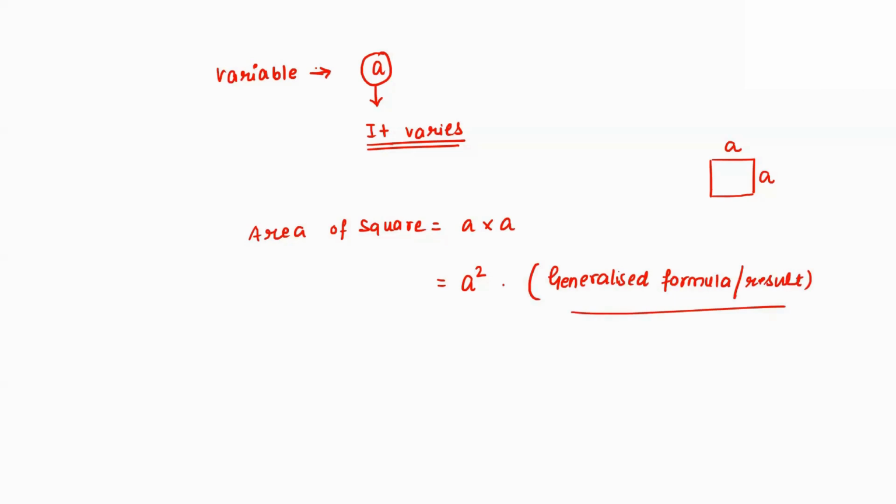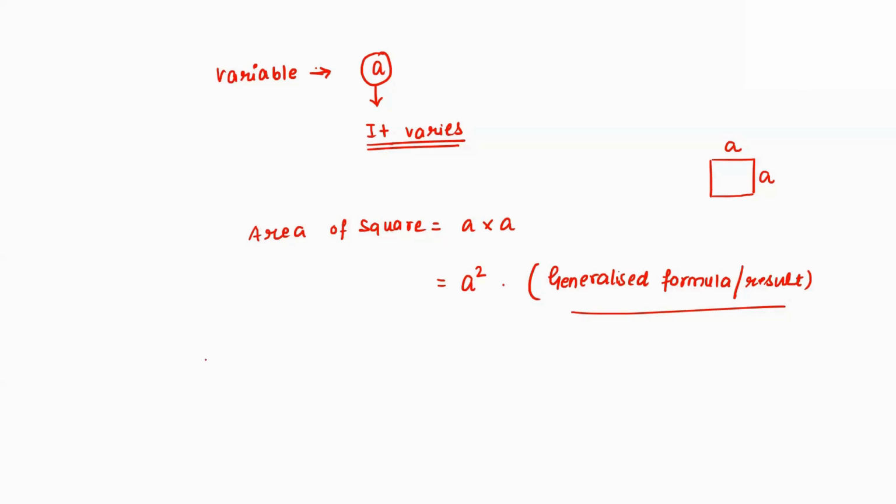You can use this generalized result and find the area of a square with any dimension that comes to your mind. So instead of saying 10 into 10, 2 into 2, 3 into 3, we have generalized the thing. Whatever comes, we can just substitute those values in this variable and find the area.